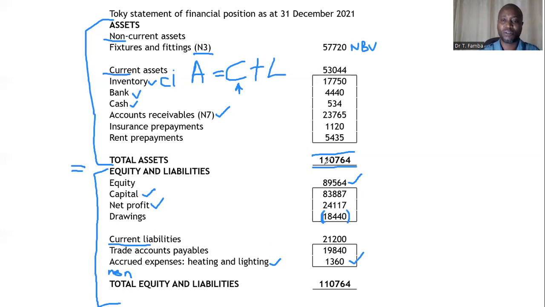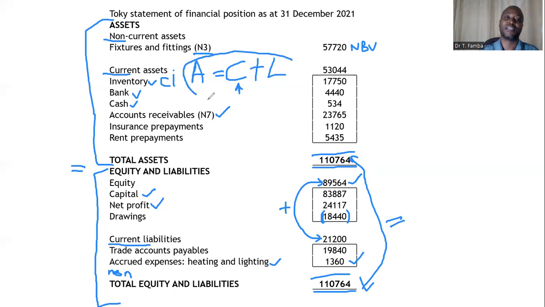So the total of this figure here plus this figure here, these two figures, if we add them, they give us this figure here. And these two, as you can see, are equal, which is what this equation is saying.